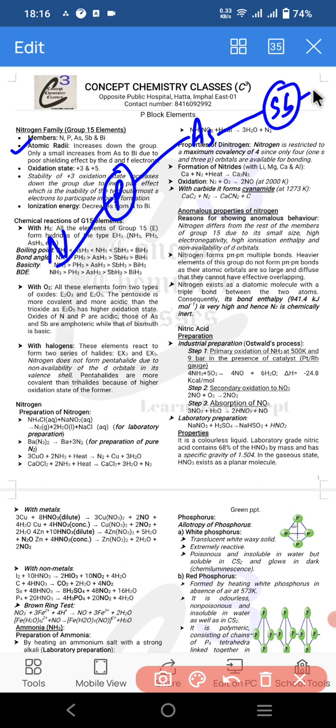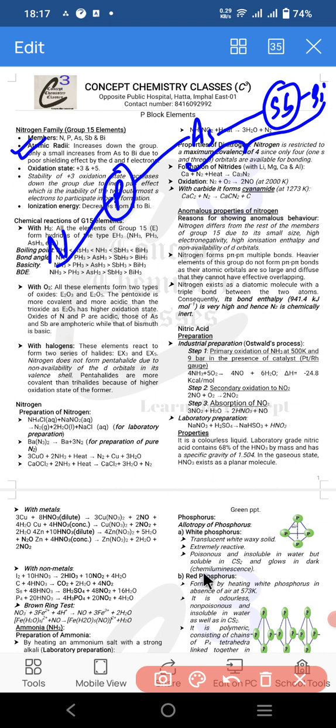This small increase in size is due to poor shielding by the electrons in the d and f subshells.